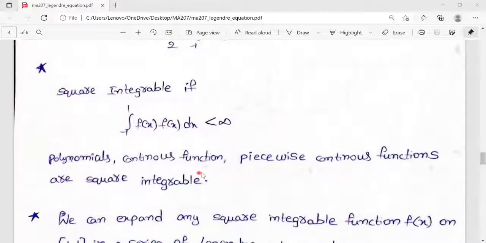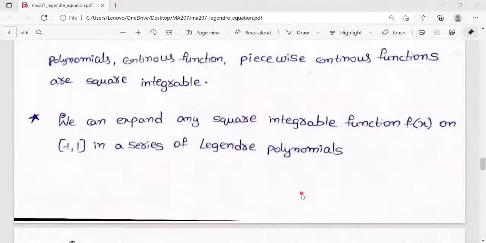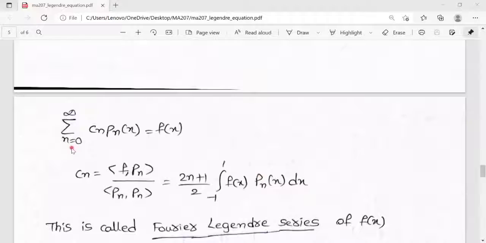Polynomials, continuous functions and piecewise continuous functions are generally square integrable. We can expand any square integrable function on -1 to 1 in a series of Legendre polynomials. This is one theorem, and in equation form it looks like this, and we can find Cn by using this formula.